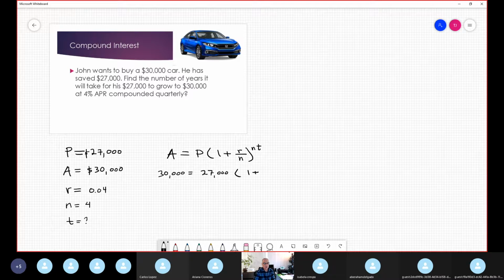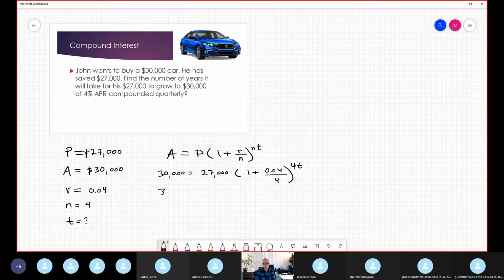Parenthesis 1 plus 0.04 divided by 4, raised to the nt. n is 4 and t I don't know. I need to find that. Well, in this case, we have an exponential equation, no? Because my unknown is located in the exponent, right? Okay, let's do a little bit of algebra to isolate that.